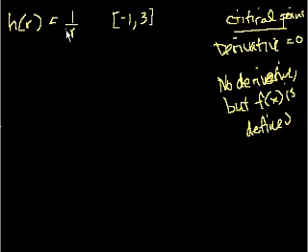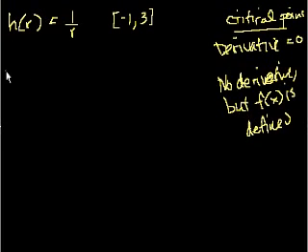As you're going to see in this problem, there is a point where the derivative is undefined, but f of x, or in this case h of r, is also not defined at that point, so it won't be a critical point. Or maybe it is, depending on how your teacher defines it. But the way I learned it is, it's a critical point if the derivative isn't defined, but the function is.